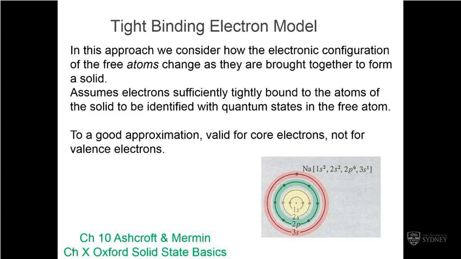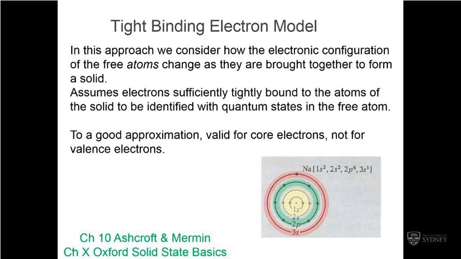For example, you've got there a sodium atom, and you can see its various electronic orbitals. You have the most tightly bound 1s electrons, then the 2s electrons, 2p electrons, and the most weakly bound 3s electron. And this is the way we write the electronic configuration.